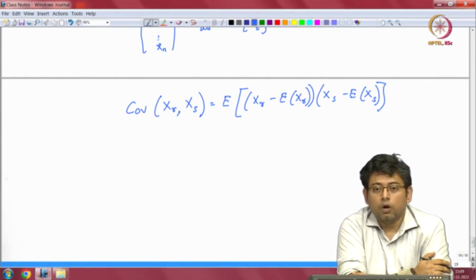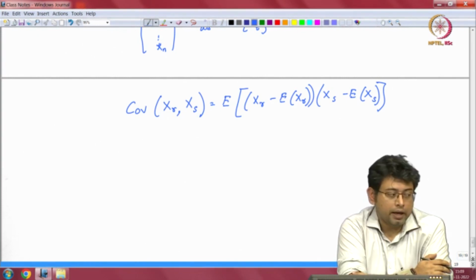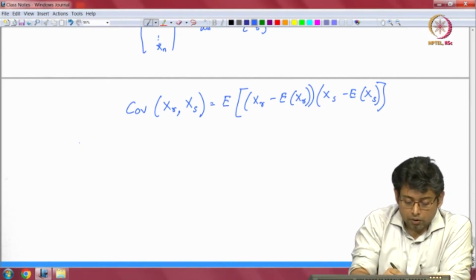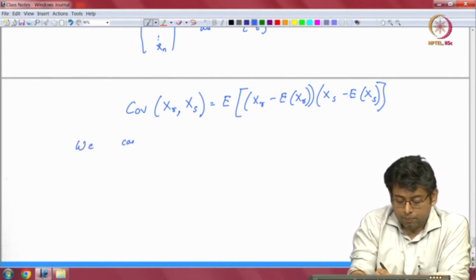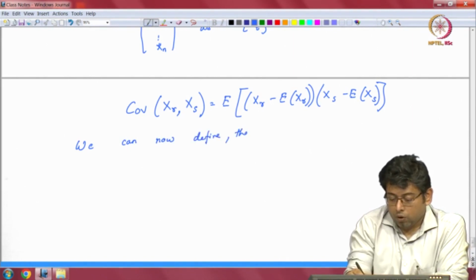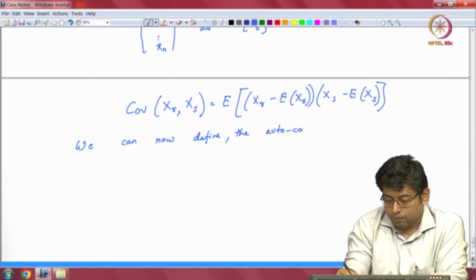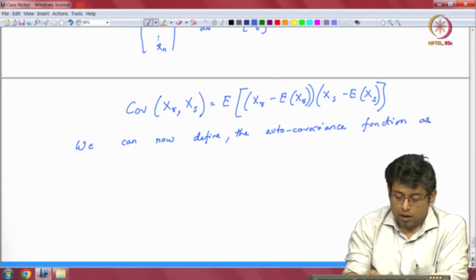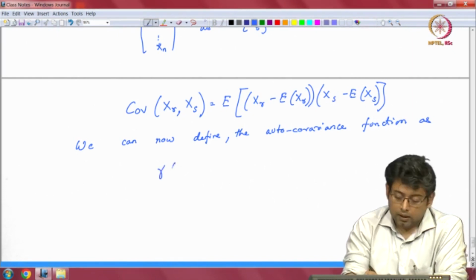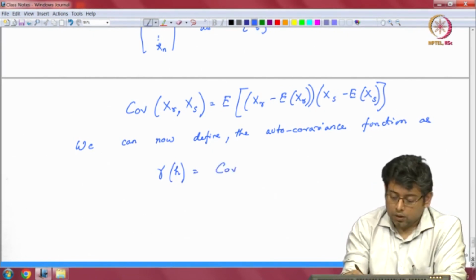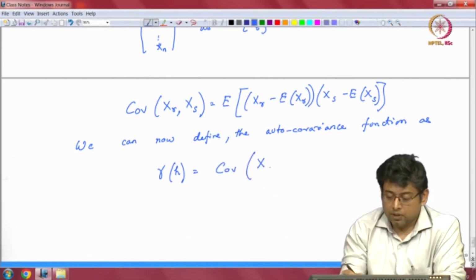So, if I had to define the auto covariance function, which is also called ACVF in short, we can define it as, let us say, some value h, as you are taking data from the same series.